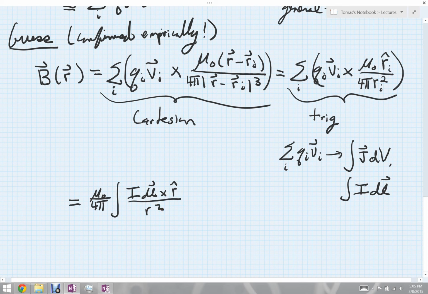Or another option, of course, would be to use perhaps Cartesian form in the volume integral. You actually have 4 different combinations you could try. It's kind of up to you. But the other form like that would be, again, I'd have my mu naught over 4 pi. Then my summation is going to become the volume integral, because I want to do a volume integral over j. If you want to be very pedantic, you would write the 3 integral signs.